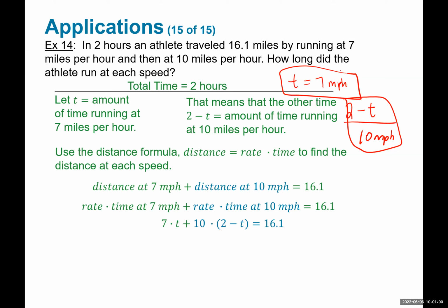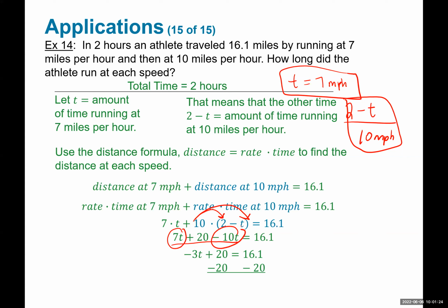So 7 times t plus 10 times (2 minus t) equals 16.1. Use your distributive property, and you end up with this. Combine like terms: 7 minus 10 is -3. -3t plus 20 equals 16.1.